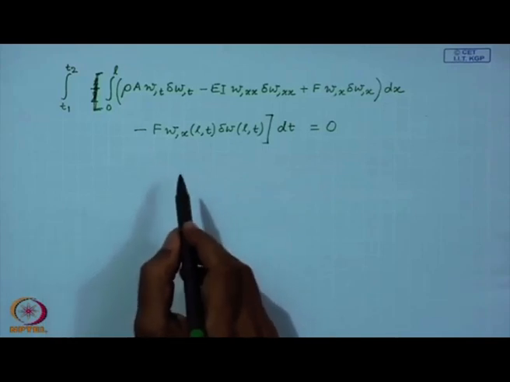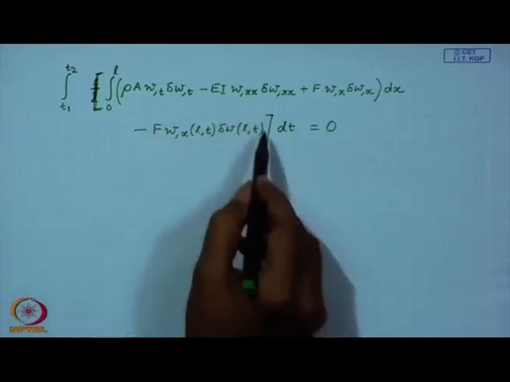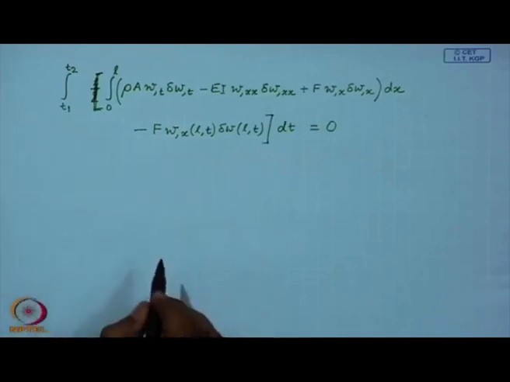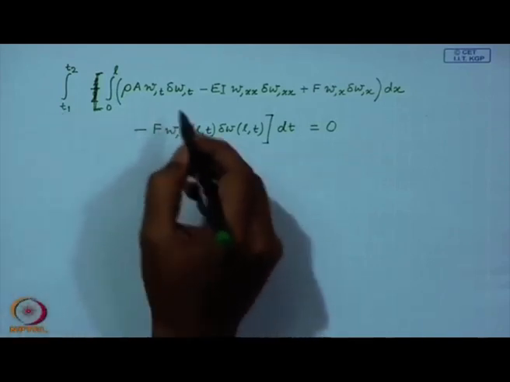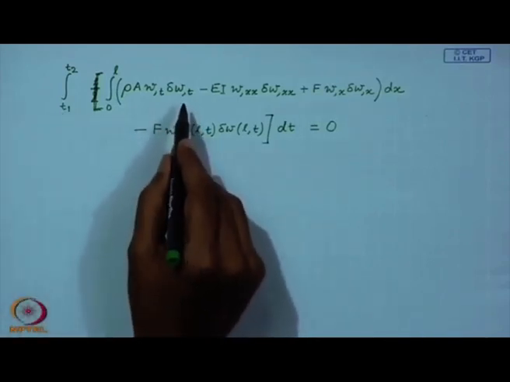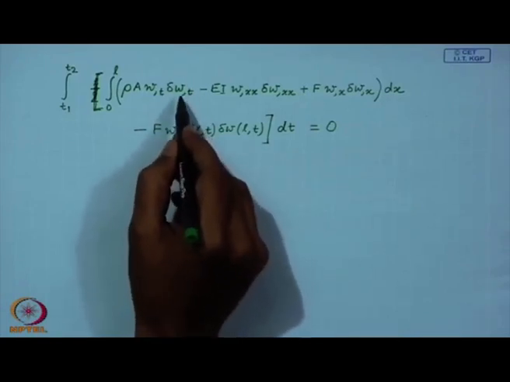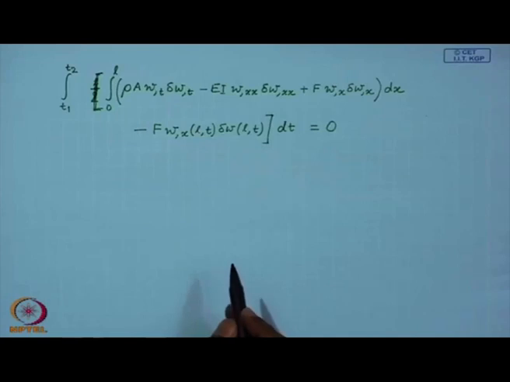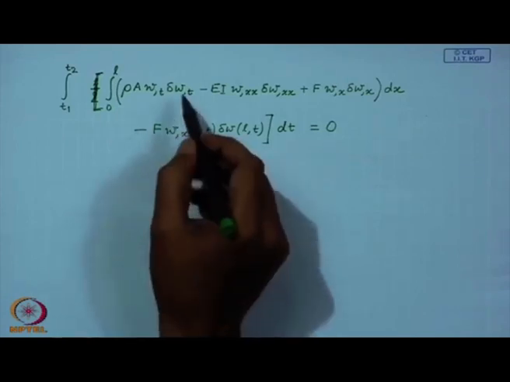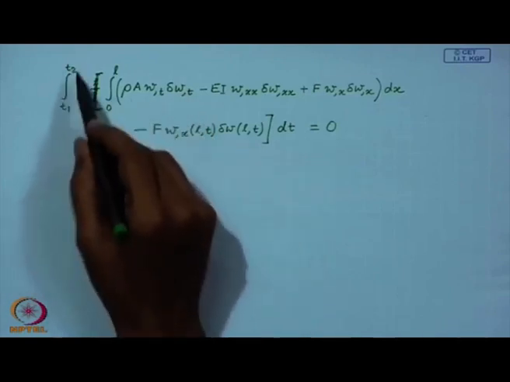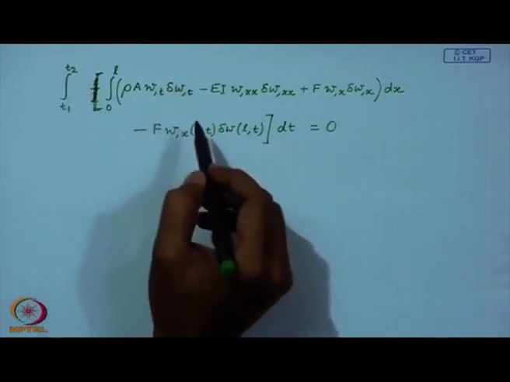We note that this virtual work already gives a boundary term in this equation. Now we integrate by parts this term with respect to time, and if you use the arguments of variational calculus, at T1 and T2 the variation must vanish.